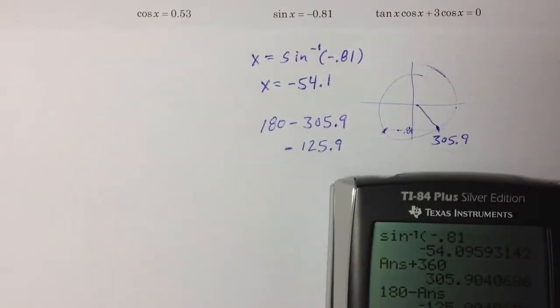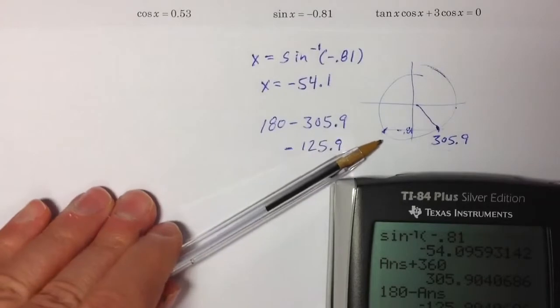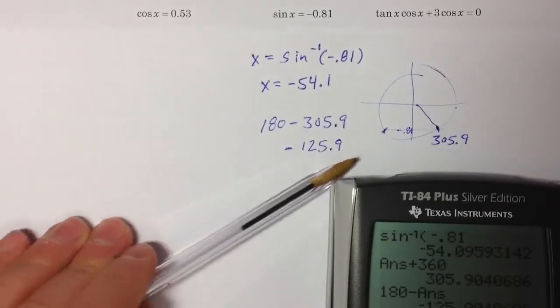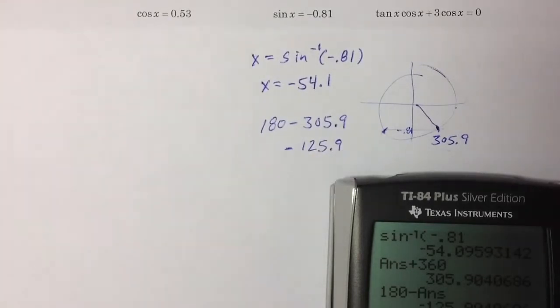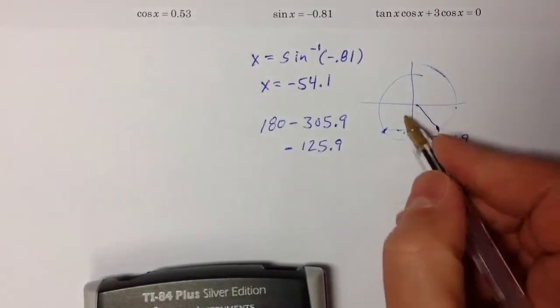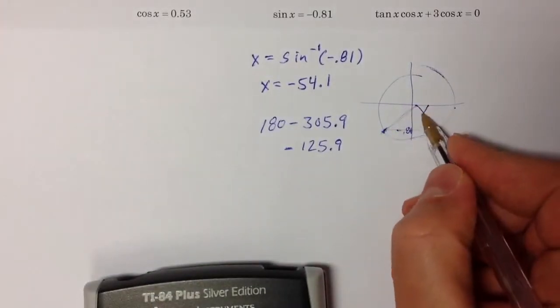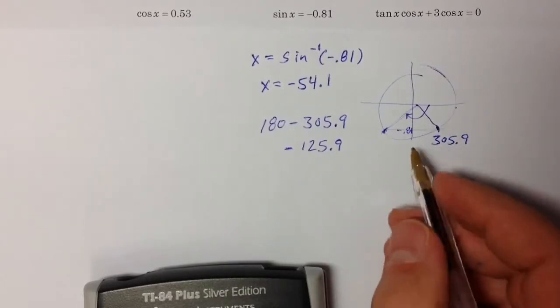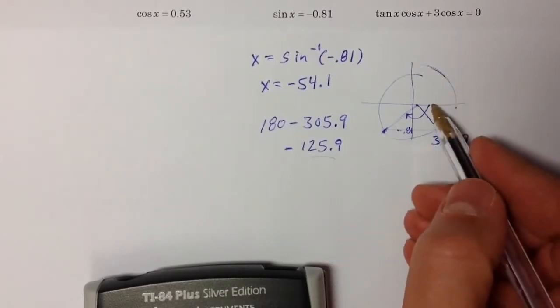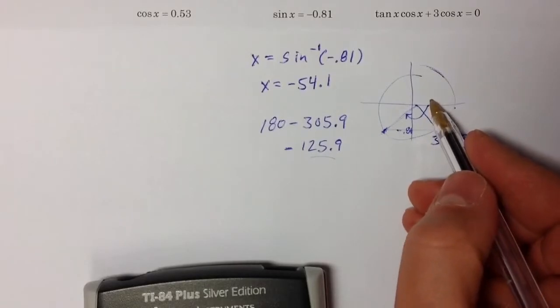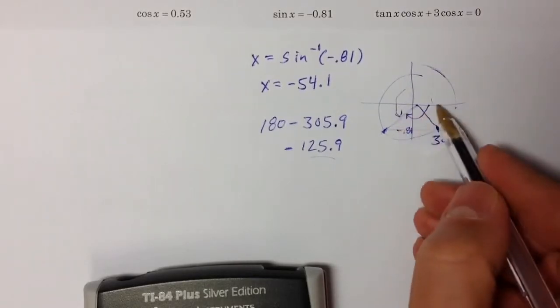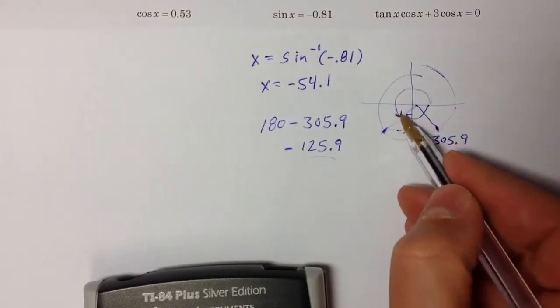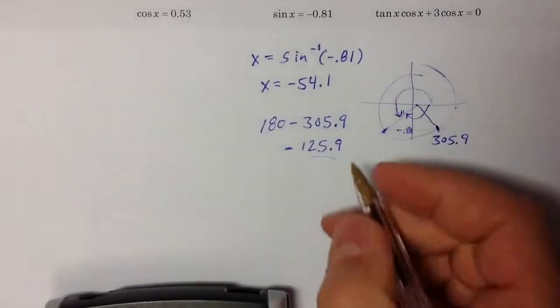But all is not lost, right? Because we can get to that point on the unit circle. So basically we're saying this other point on the unit circle corresponds to a negative angle of 125.9. But to turn that into a positive angle, we simply need to add 360, and that'll find the value of that angle from a positive rotation coming around the other side.